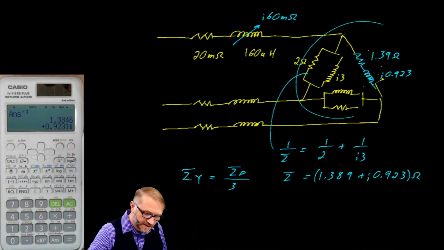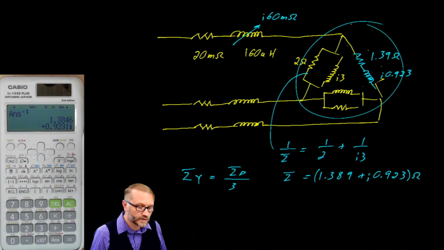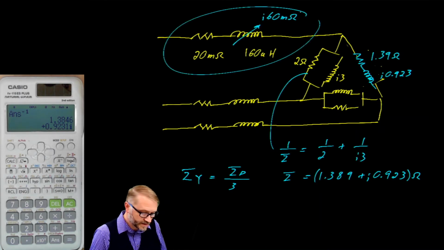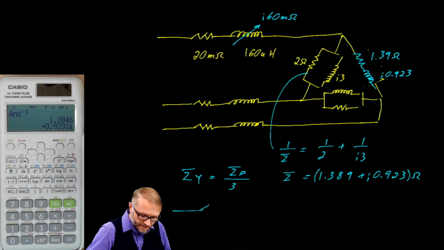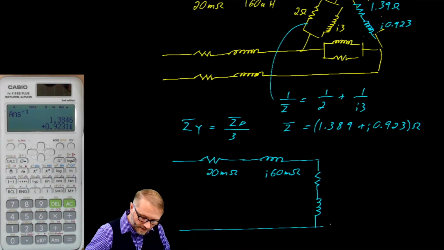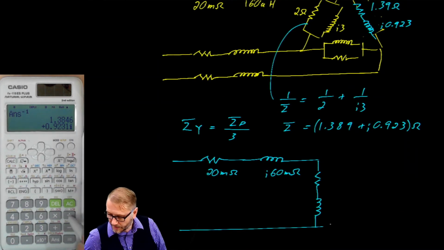So we're replacing this piece here with the equivalent Y. Notice we're not touching this piece, which means the line impedance remains unchanged at 20 milliohms and j 60 milliohms, but the load changes. And since it's already queued up in the calculator, we do a division by 3, and there it is.